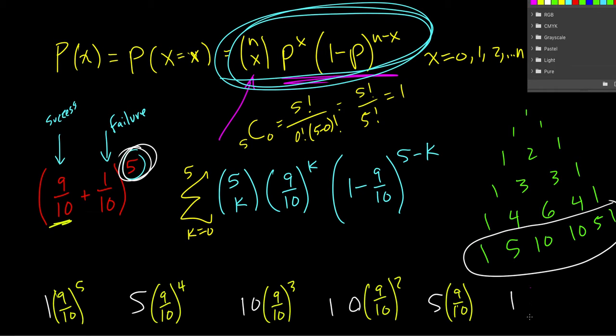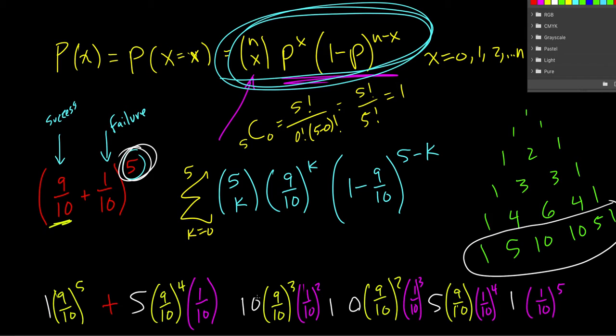And then do the same thing with 1/10, but go backwards. So 5, 4, 3, 2, 1. Don't write it. Put plus signs in between all of these.